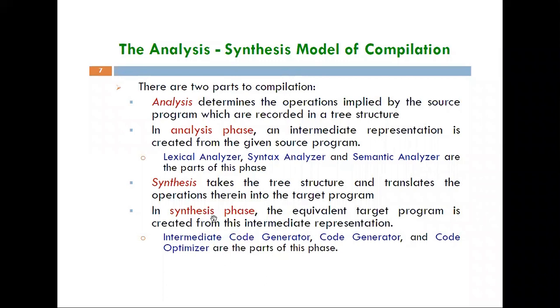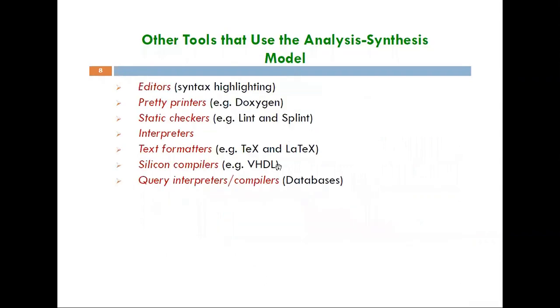The phases related to the synthesis phase are intermediate code generator and code optimizer, whereas the analysis phase has lexical analysis, syntax analysis, and semantic analysis. So this is the grouping of phases into 2 parts, the analysis phase with the first 3 phases and the synthesis phase with the last 3 phases. This is called the analysis synthesis model of compilation.